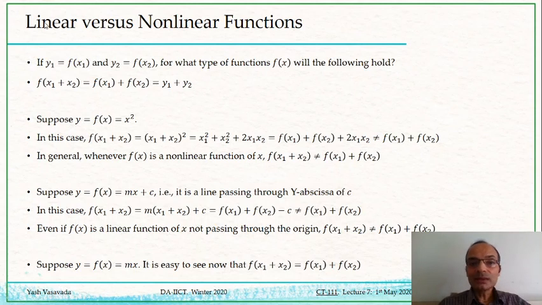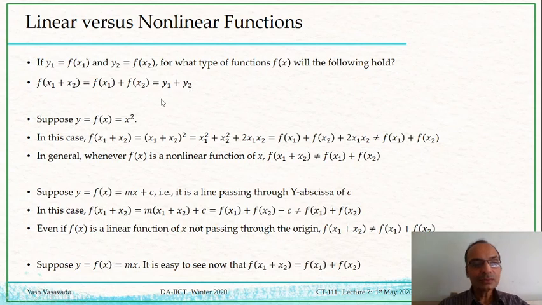But why is it called linear? Well, suppose we have some function f, it takes input x and it produces output y. Then for what type of functions will this hold: if you have input as x1 plus x2, the output is y1 plus y2?